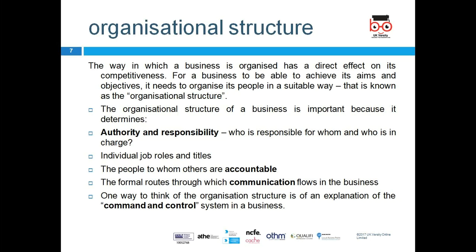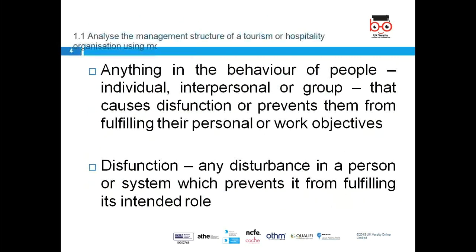So in our organization structure, we have authority and responsibility. We say people will be accountable for it. We need a good communication flow within our organization, and we need command and control. Who will be responsible for what? And we have to draw a system in a business. Does that make sense?